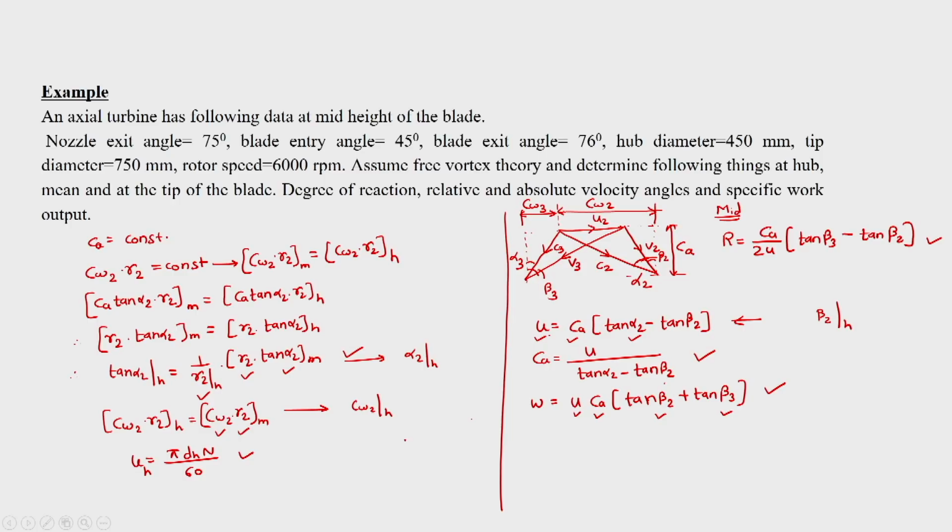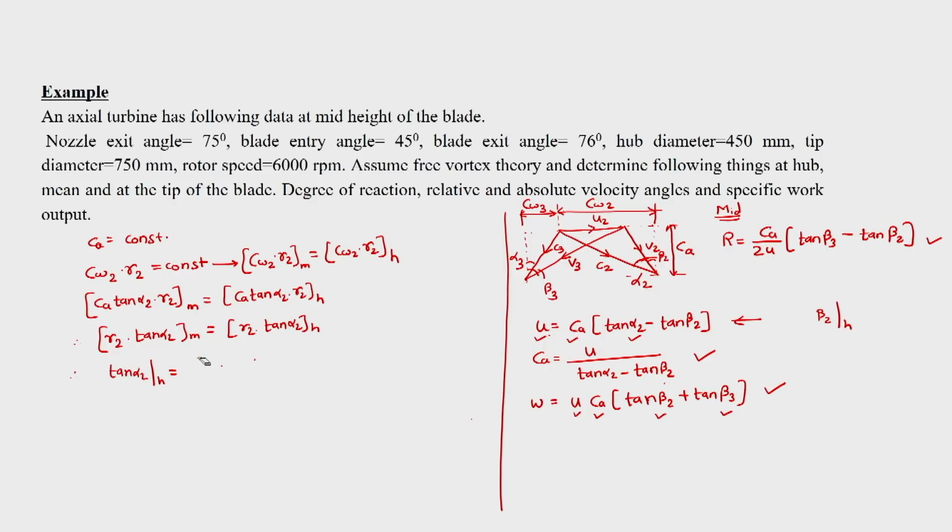Now our objective is to find out R at hub and W at hub. So for R at hub we should know beta 3 at hub. For finding out beta 3 at hub we can carry forward the same method of calculation, which is CW3 into R3 at hub is equal to CW3 into R3 at mid.